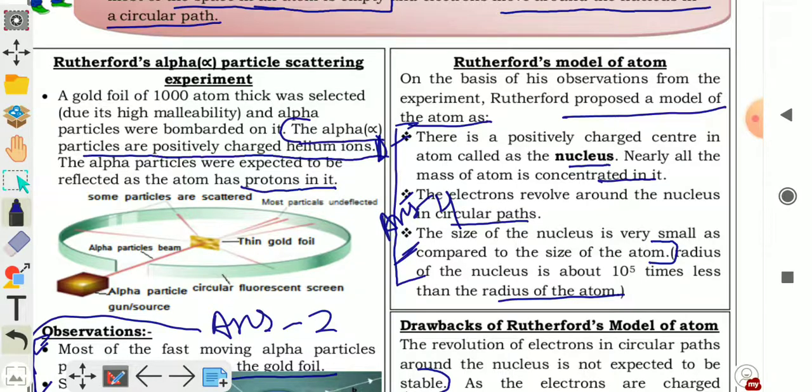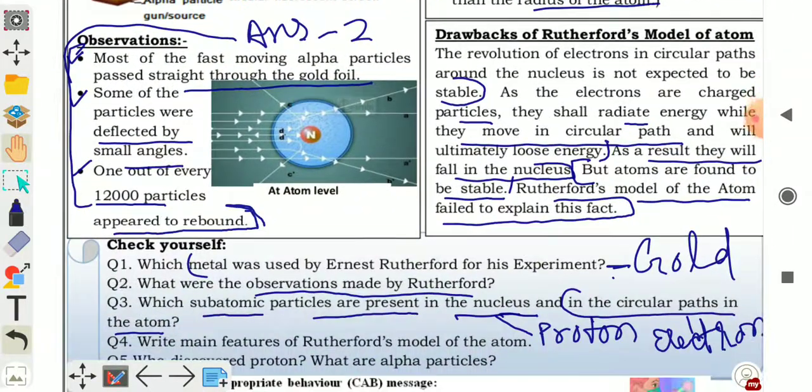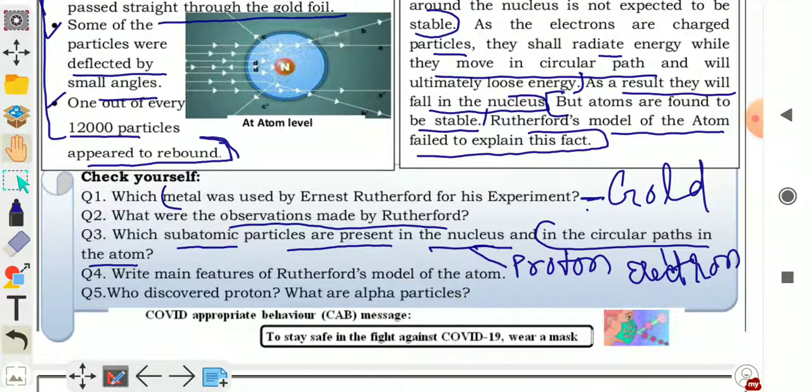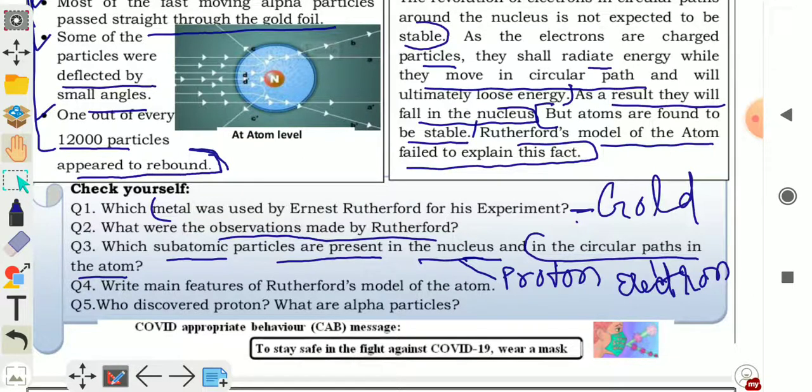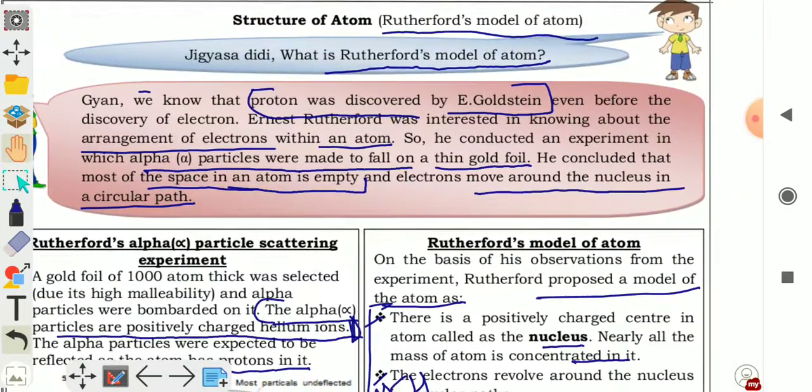Question number 5. Who discovered proton? What are alpha particles? Your answer would be, proton was discovered by E. Goldstein.